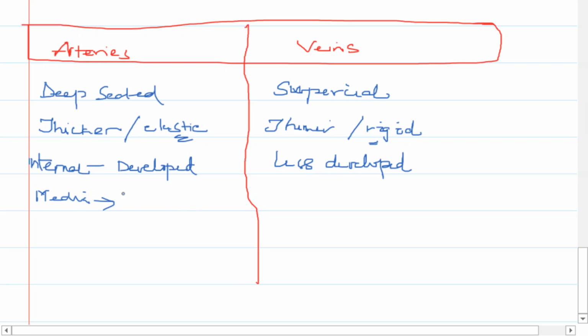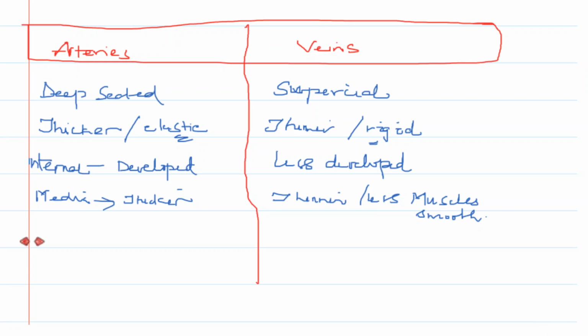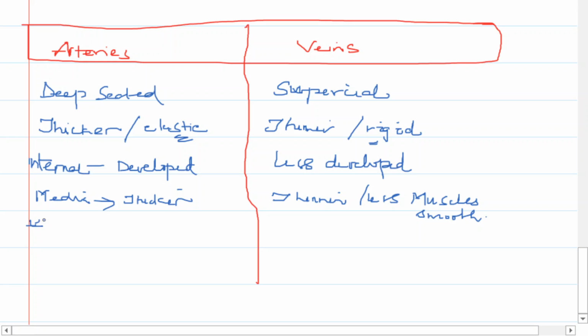That means it contains more muscle cells, and this is thinner with fewer layers of muscle cells. Smooth muscles, remember? Okay. Now the tunica externa, this is less developed in the arteries.